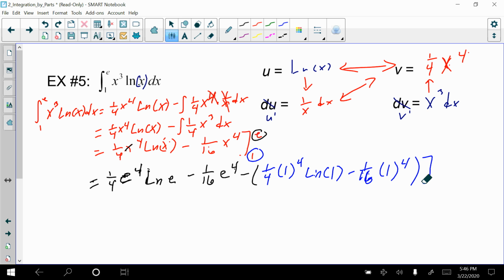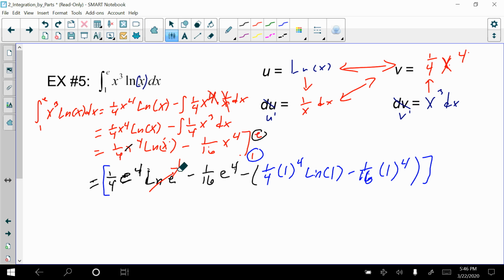There we go. So now we've done all of the substitution that we can. I need the bracket to start off there. And now let's see what we can see. Well, natural log of e is 1.